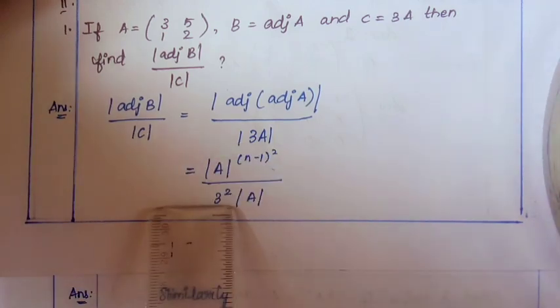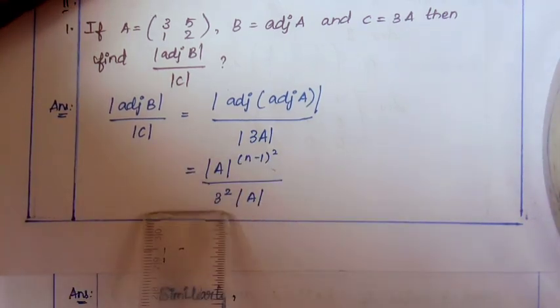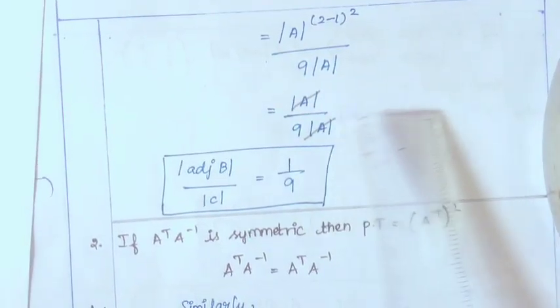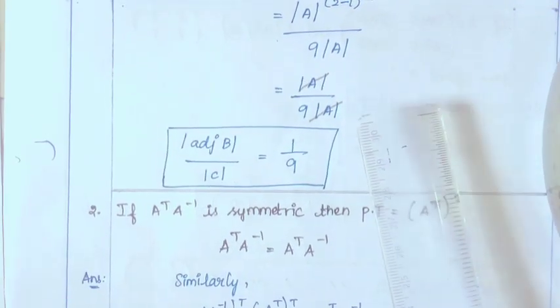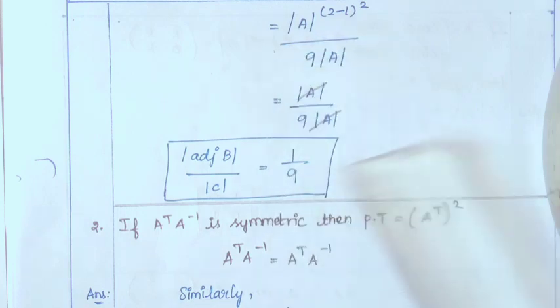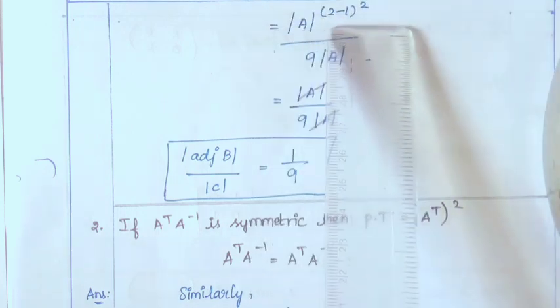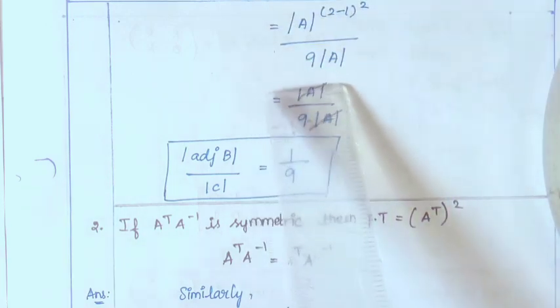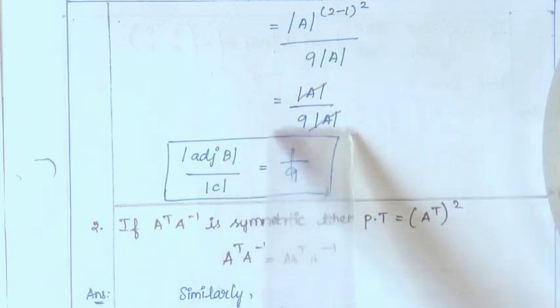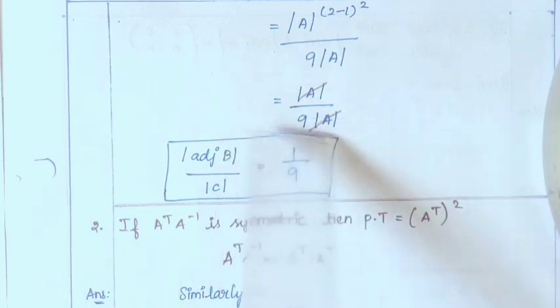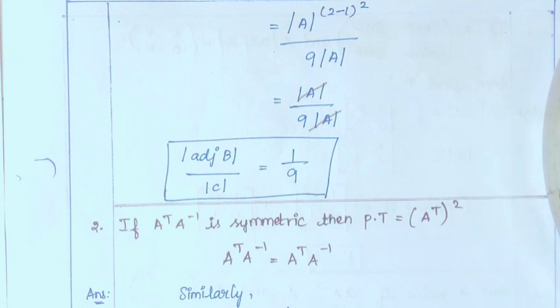Here 3 squared is there, so after squaring it we get 9. So |A|^((2-1)^2) / (9|A|). Next, |A| / 9|A| gets cancelled. So, |adjoint B| / |C| is equal to 1/9.